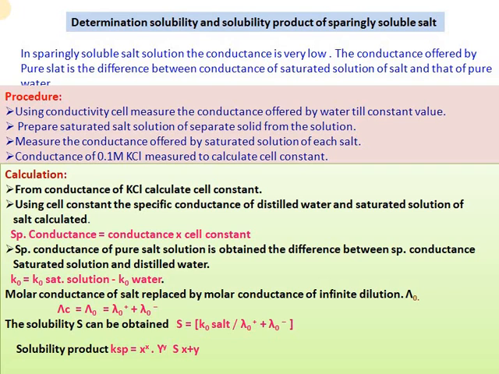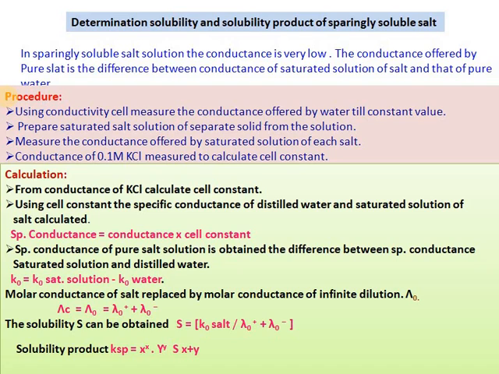This is the formula, as we have seen in the last slide. And how do you find the cell constant? The cell constant is equal to the specific conductance of KCl solution divided by the conductance of KCl solution. So from the conductance of KCl solution, we can find the cell constant.